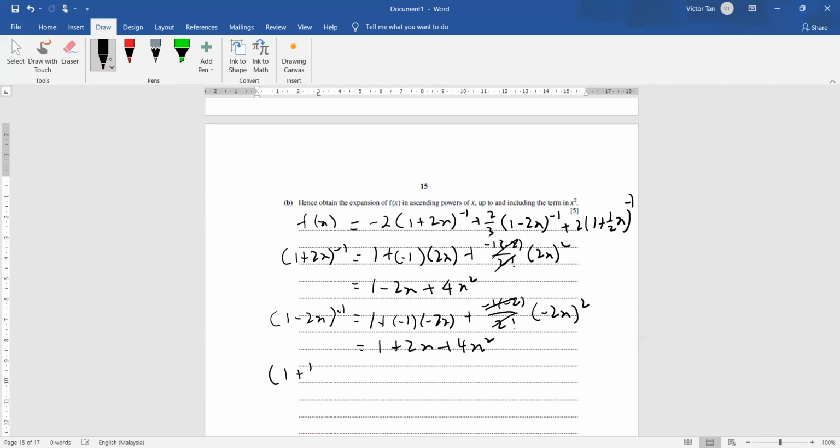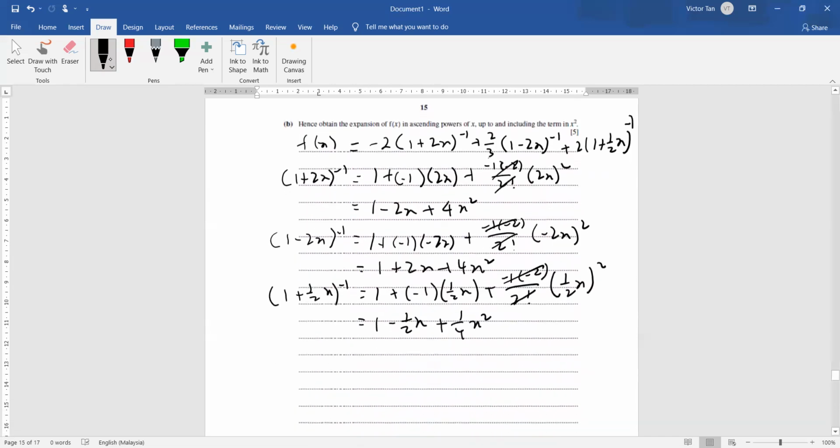Last one, 1 plus half x, squared. So this will give you 1 minus half x, so cancel off, plus 1/4 x squared.